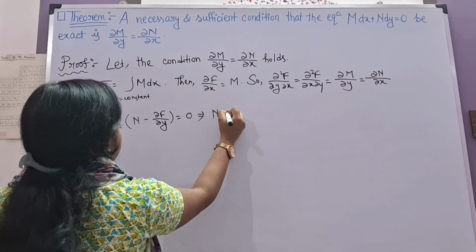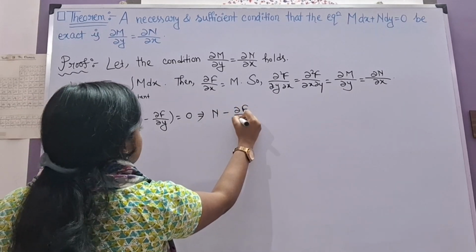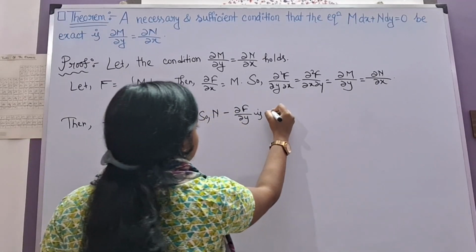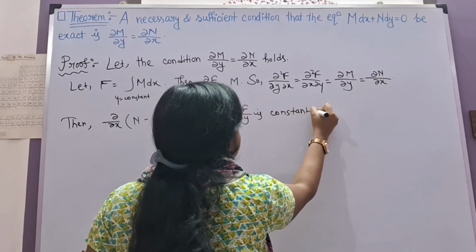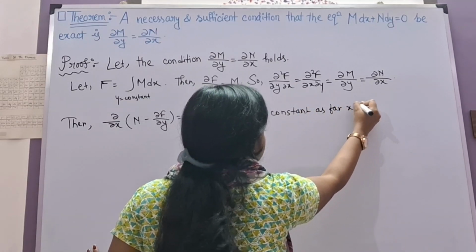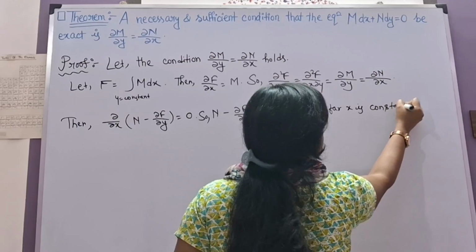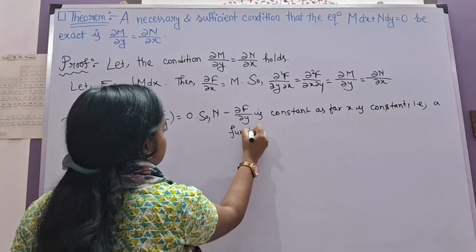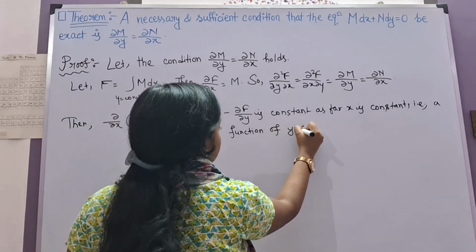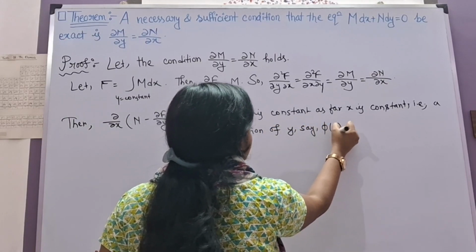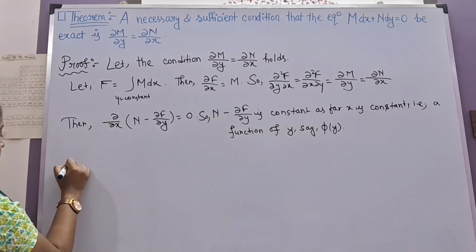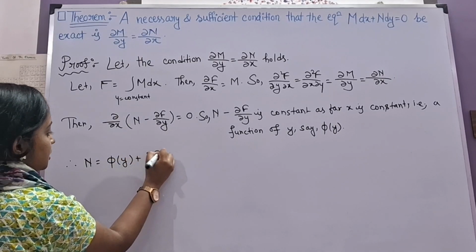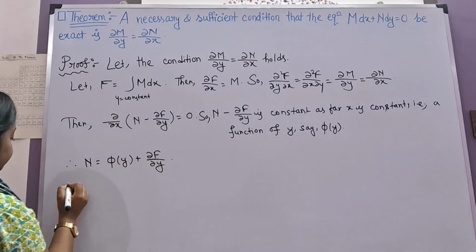This implies N minus del F del y is constant as far as x is concerned, that is, a function of y, say phi of y. So capital N equal to phi of y plus del F del y.